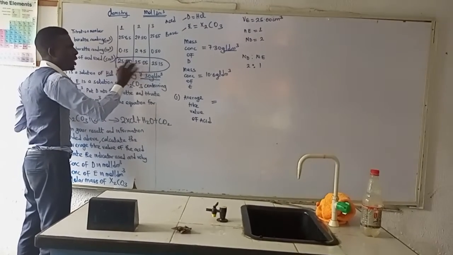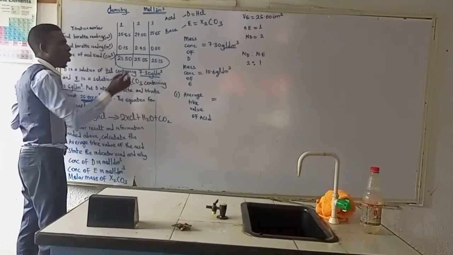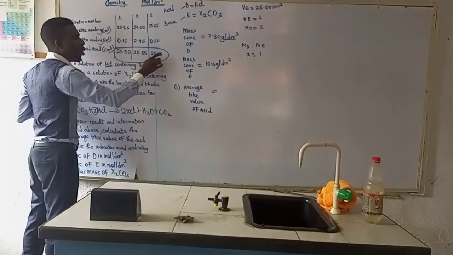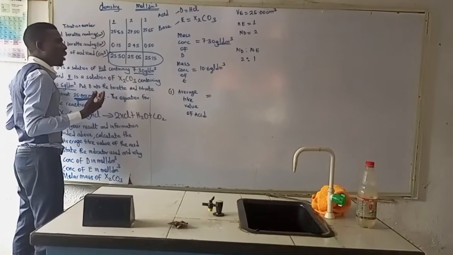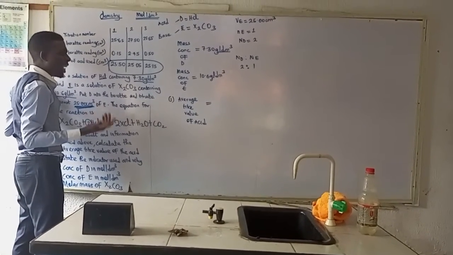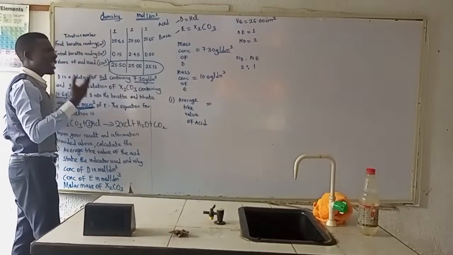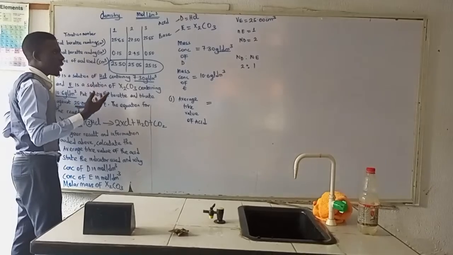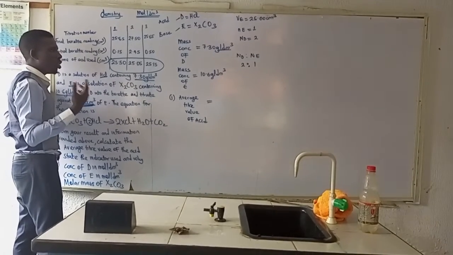Because of that, these two readings are not consistent. But when you look at 25.15 minus 25.05, the difference between them is 0.10. Because of that, these two readings are consistent. Remember that a reading is said to be consistent when the difference is less than or equal to 0.20.